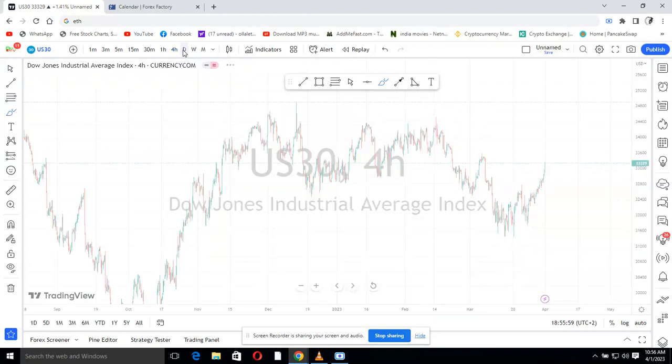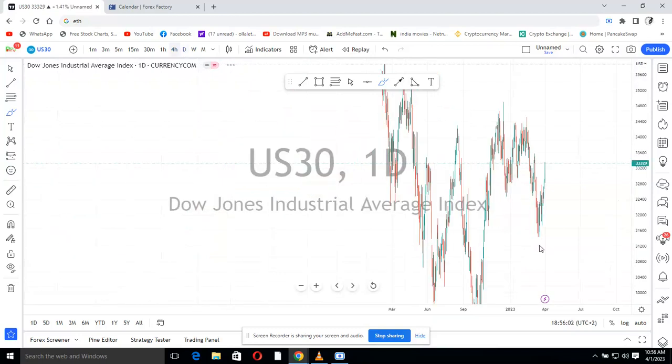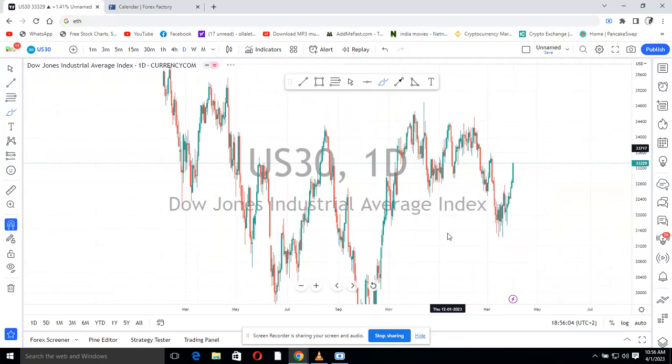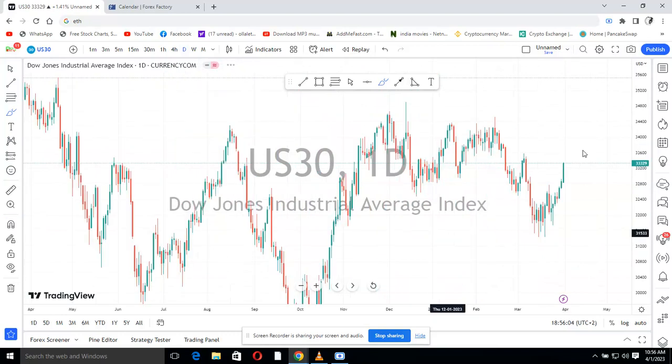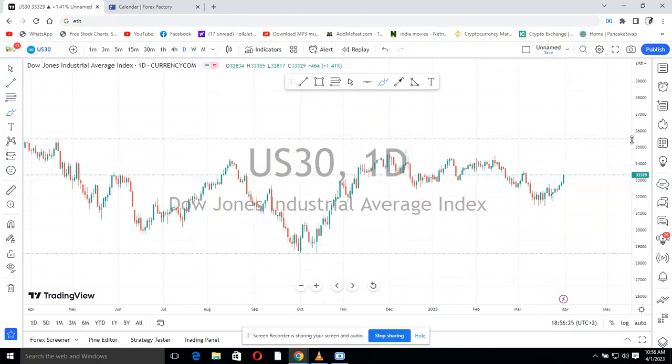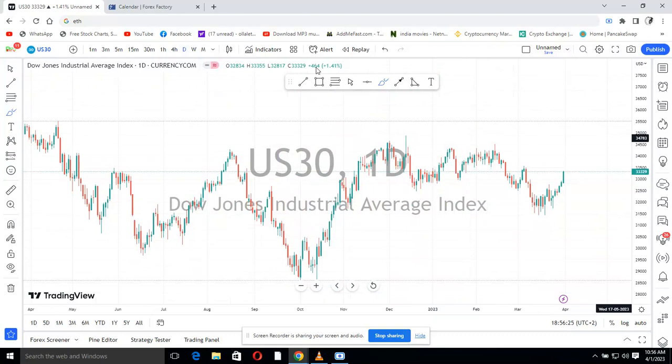Let's check this one on the daily time frame. Now price is here. Another entry is here.